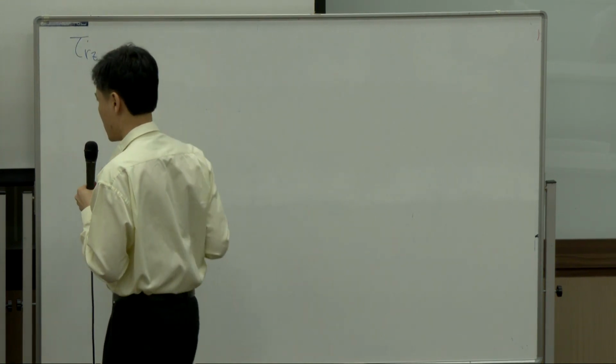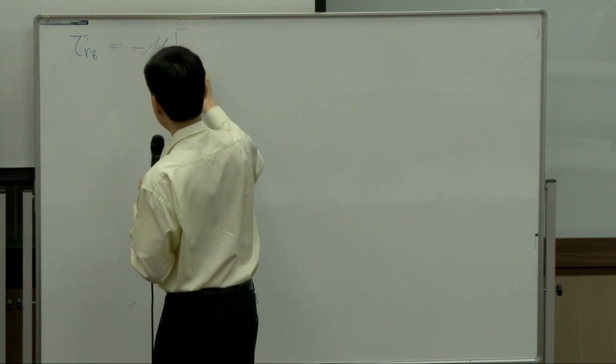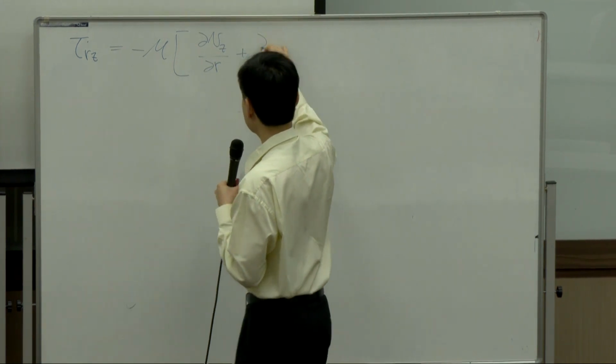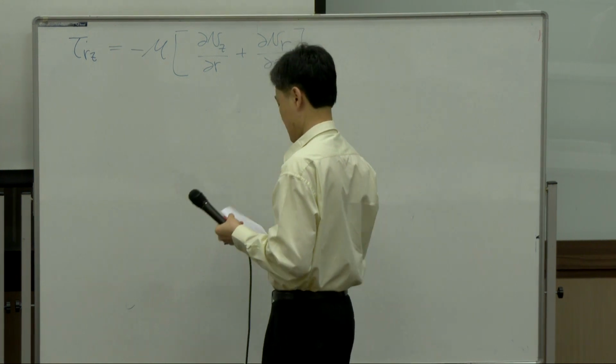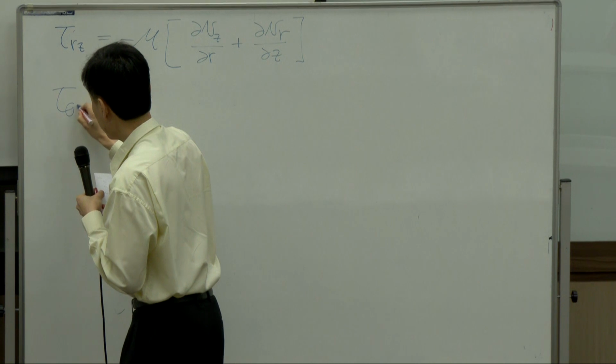All right? Then, according to Newton's law, tau rz is minus mu times dVz by dr plus dVr by dz. Tau theta z.